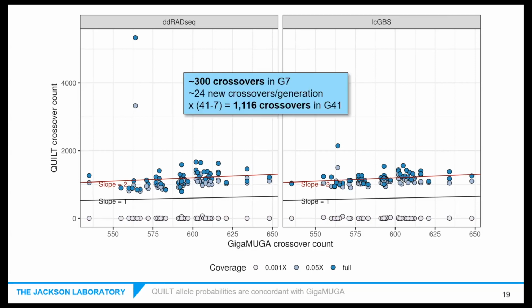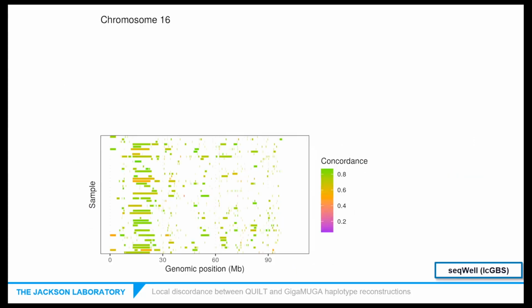That's important because we estimate that there were roughly 300 crossovers in generation 7, and adding 24 new crossovers per generation, which is what we estimate we should expect based on basic Mendelian genetics, we expect roughly 1,100 crossovers in the generation that we're analyzing. We see that the majority of samples are clustered right around that point. So this is a really encouraging sign.